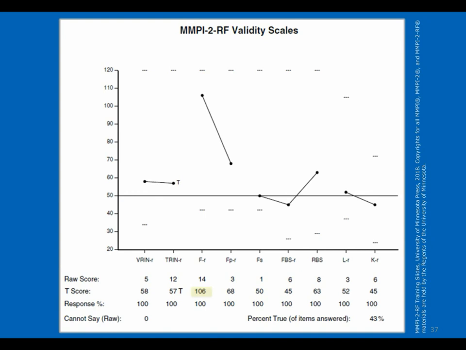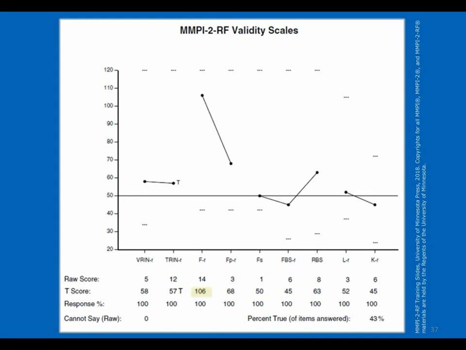So when we have scores at these levels on the validity scales, we need to consider the confounds that we've talked about earlier. So again, the confound for F is genuine psychopathology. So we'll want to consider for this individual if they have a history of genuine psychopathology, if they have a history of, for example, psychiatric inpatient hospitalizations, severe mental illness.